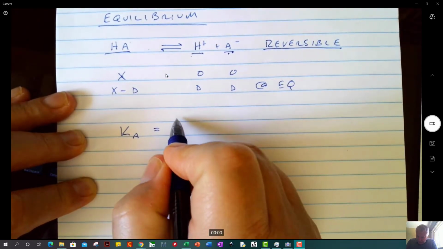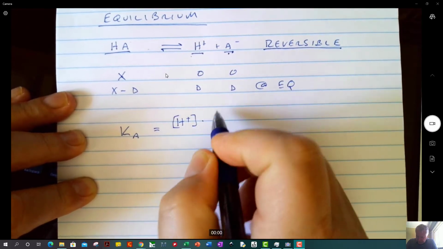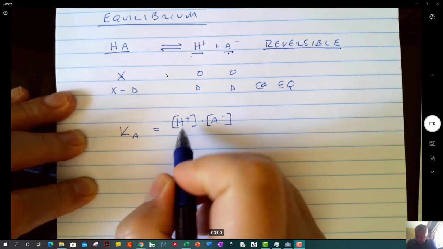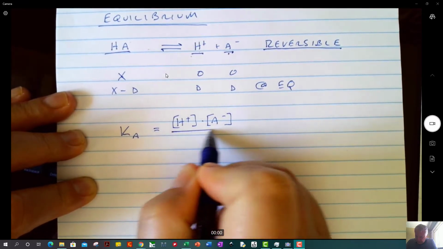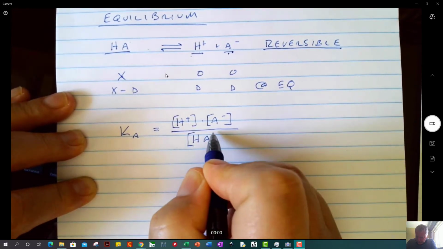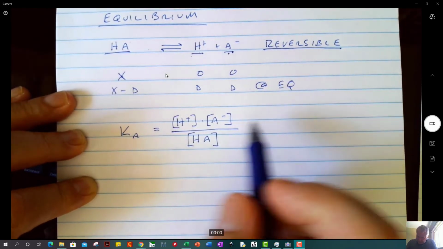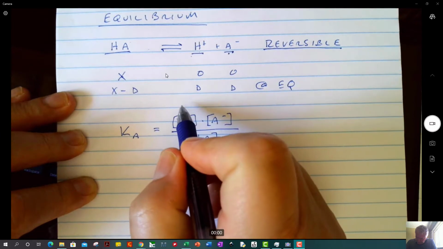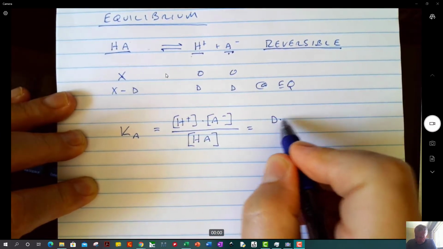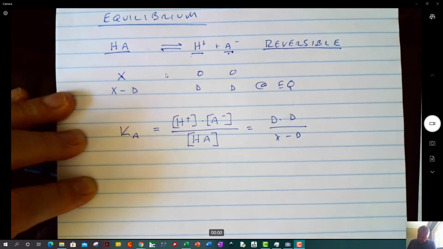So it's equal to the H plus ion concentration times the A minus, the anion concentration, over the undissociated HA concentration. So in the above equation, this will be D times D over X minus D, right?